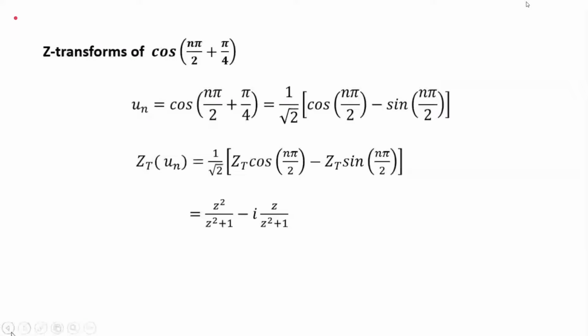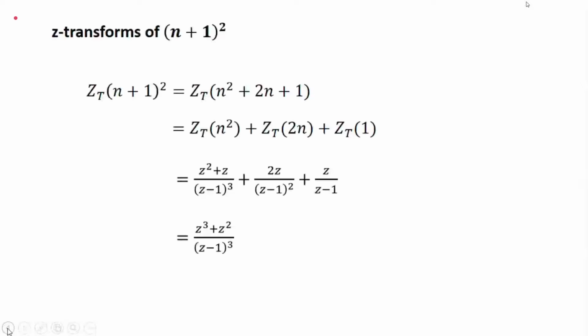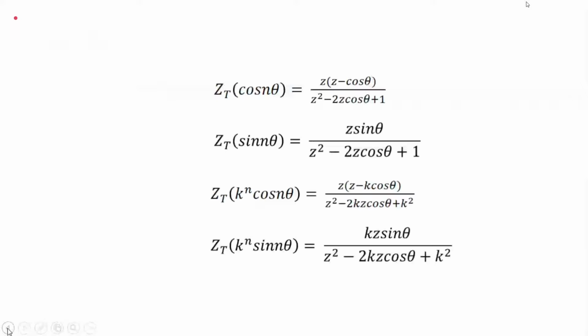Say, you have cos n theta is z into z minus cos theta by z squared minus 2z cos theta plus 1. So if theta is 90 degrees, cos 90 is 0. So this term will be 0, this term will be 0. What remains is z squared by z squared plus 1.